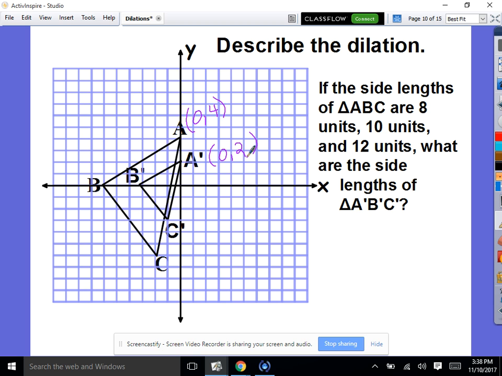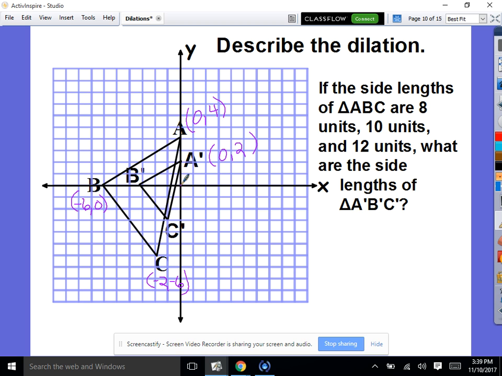So let's see. B's coordinates are -1, 2, 3, 4, 5, 6, so -6, 0. And C's coordinates are -1, 2, then -1, 2, 3, 4, 5, 6. So let's see. Half of -6 would be -3.